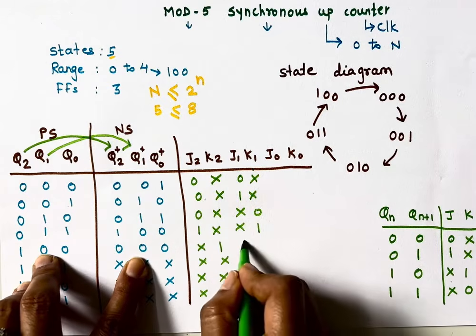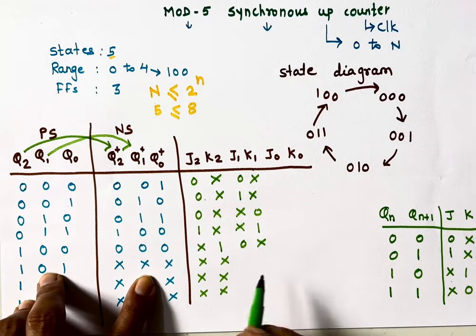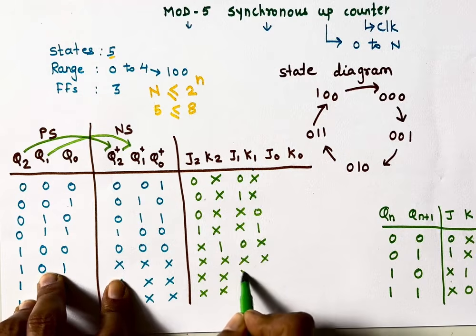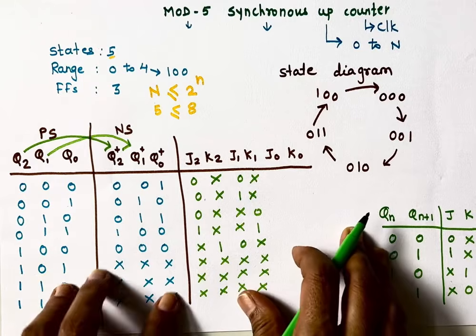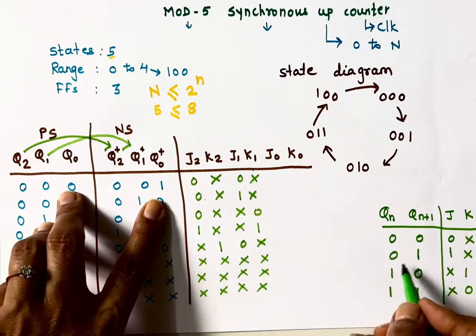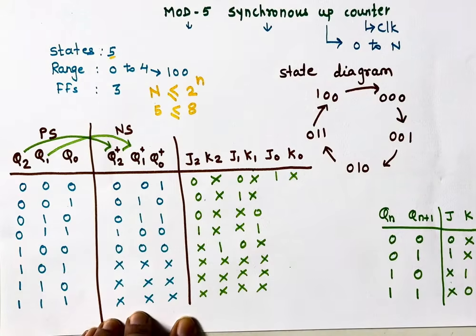Then 0 0 is 0 don't care. There are no such conditions for the rest, so don't care for all of them. Similarly for J0 and K0, comparing Q0 and Q0 plus, 0 1 is 1 don't care. In this way you need to complete this table.